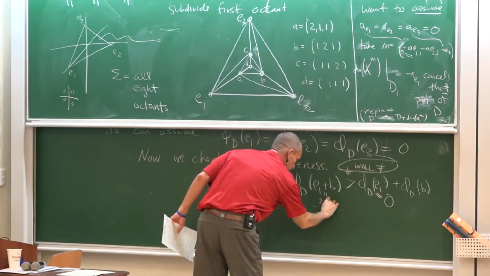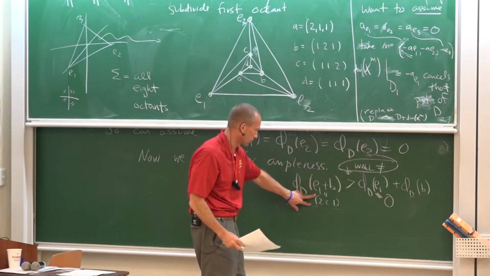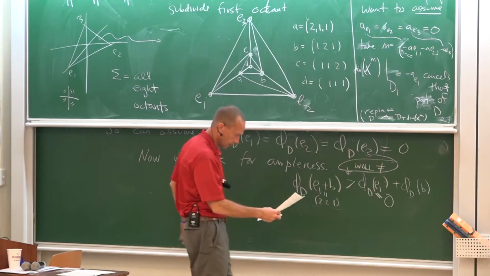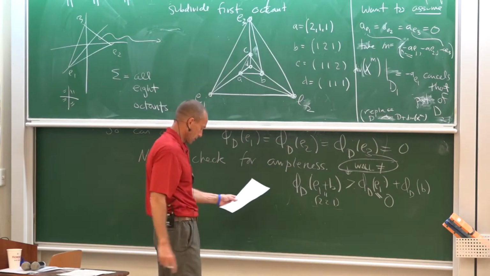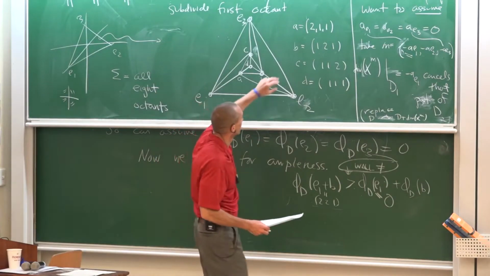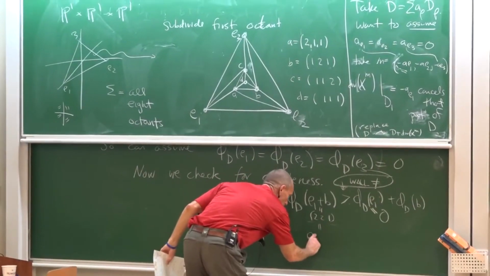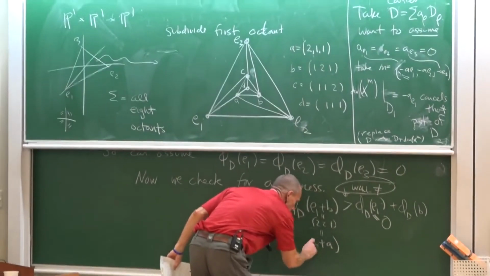You guys are with me, right? I'm just using the coefficients here. And that's the same thing as E2 plus A. Let's check. A plus E2, yeah. So this is equal to E2 plus A.